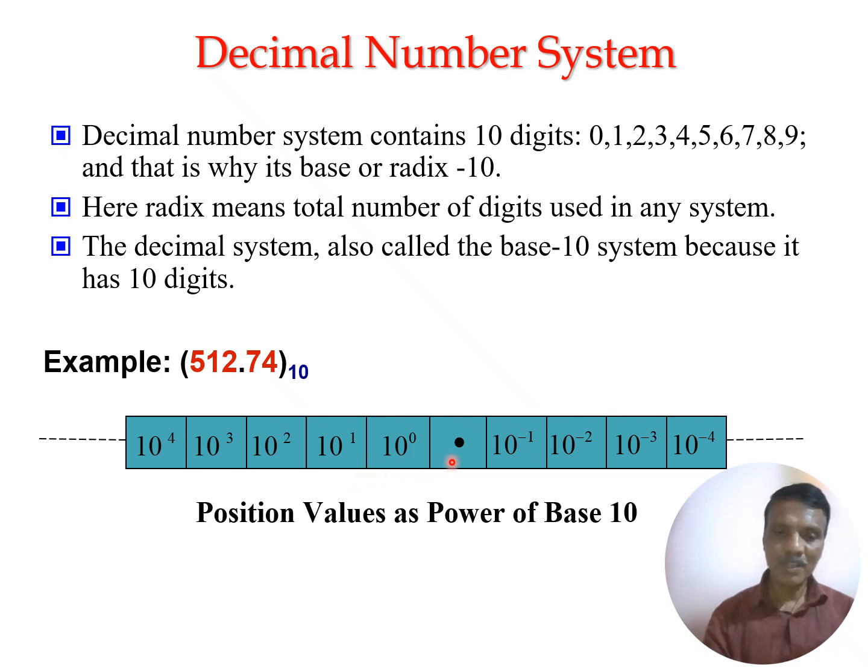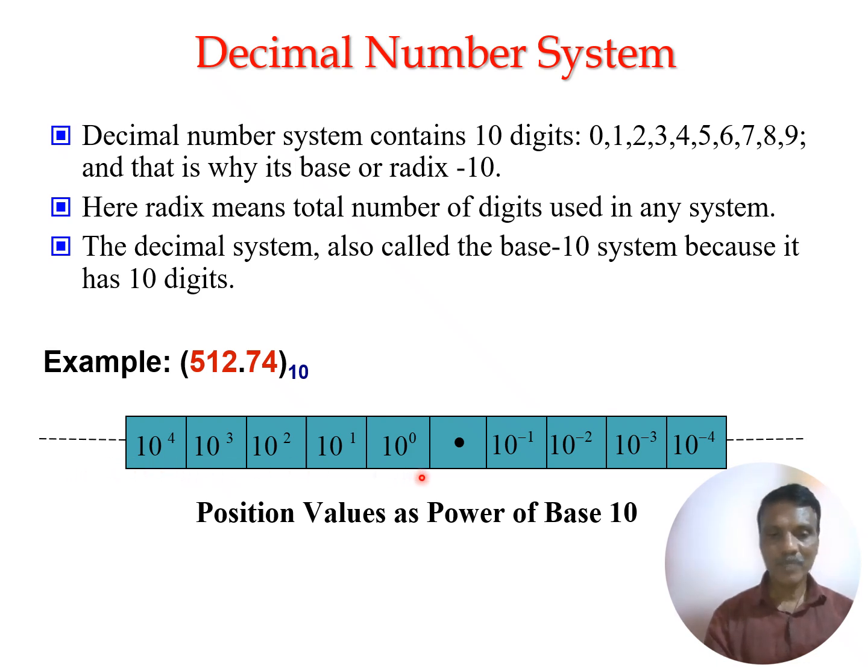From the decimal point to the left, 10 power 0, then 10 power 1, then 10 power 2, then 10 power 3, and so on.